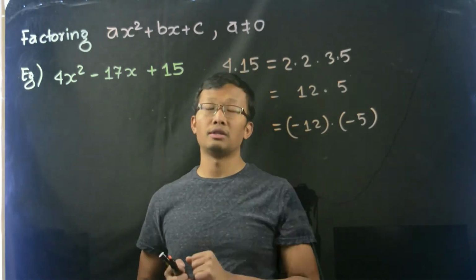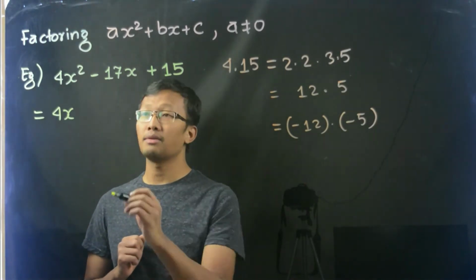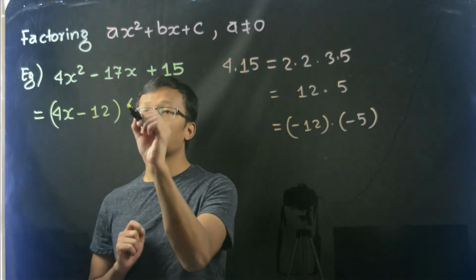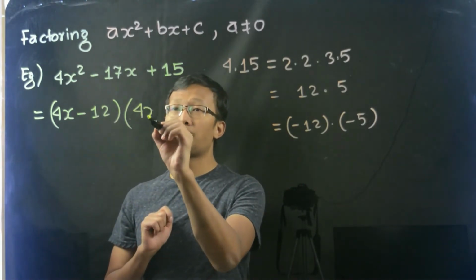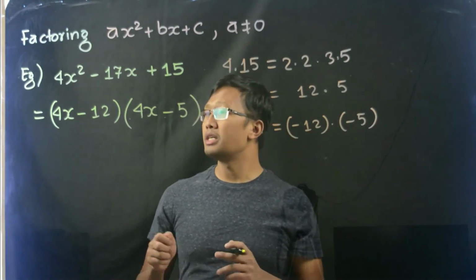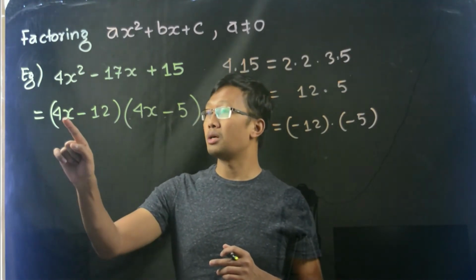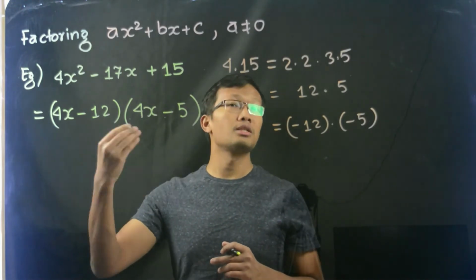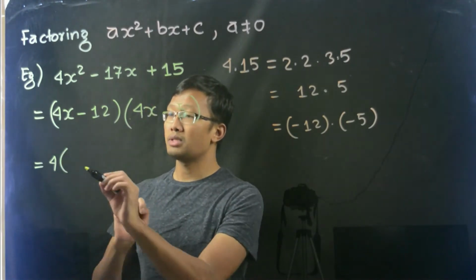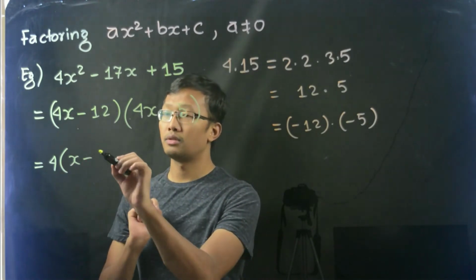Now let's write down the linear factors. 4x, the leading coefficient times the variable, minus 12, since plus times minus is minus, and 4x again, minus 5. Now you can see in the first linear factor, both terms have something in common. 4 is common between 4x and 12. So let's factor out the common term, which is 4. 4 times x is 4x, 4 times 3 is 12.